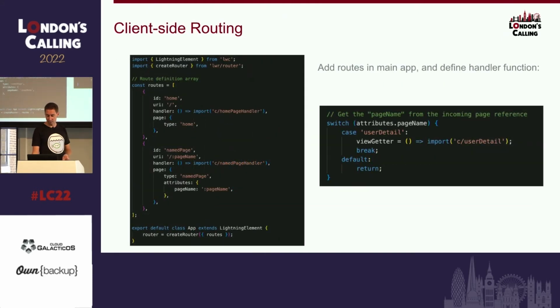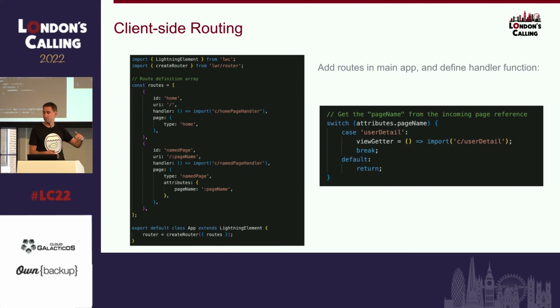And client-side routing is a little bit more complicated, but not that much. You will define an object, which is the routes, where you say, if someone comes to the home page, run the home page handler. If you go to the name page, which will be whatever name you want, run the name page handler. Then you write some code to say, if someone types user detail in the URL, load the component named user detail.